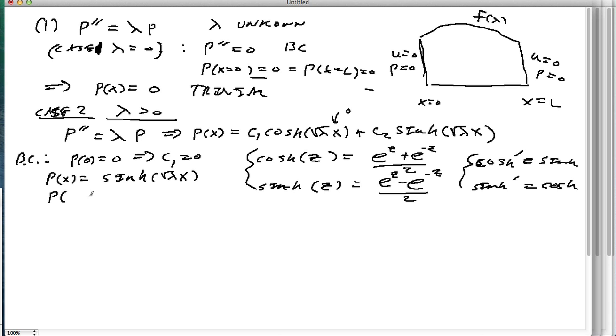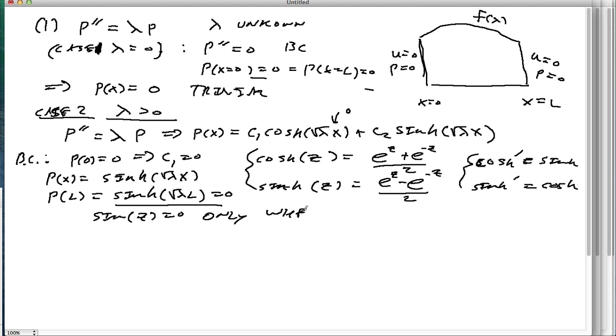But then we're going to apply the other boundary condition: sinh of square root of lambda L has to be equal to 0. Right? So sinh is only 0 when z is equal to 0. There are no other zeros of the sinh function.